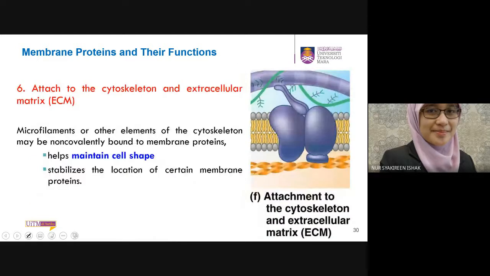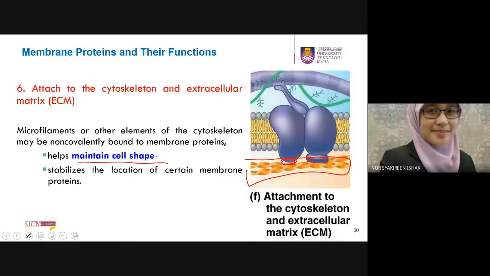So next, attached to the cytoskeleton and extracellular matrix. So it says here microfilaments on the inside of the cell, microfilaments and other elements of the cytoskeleton may be non-covalently bound to the membrane proteins, okay, like this one here and this one here. So the protein will attach to the cytoskeleton, which is to maintain the cell shape.